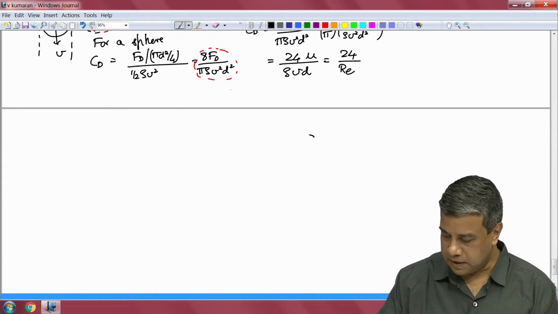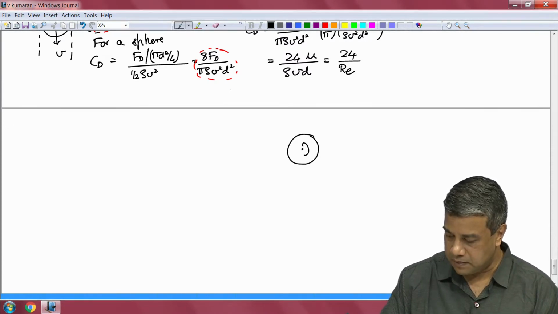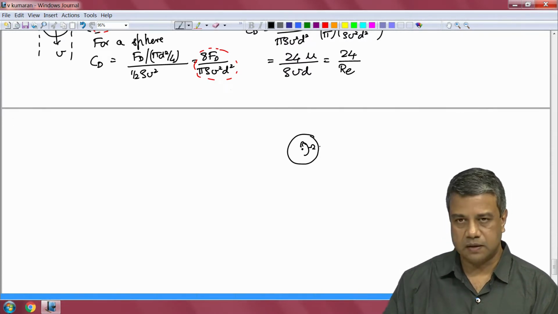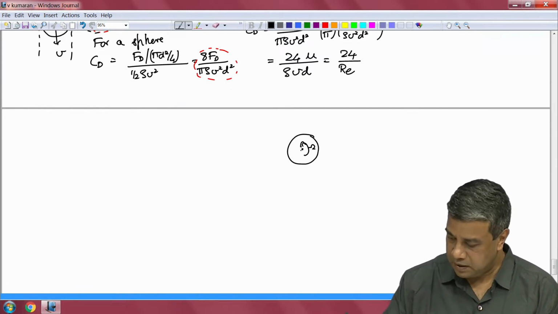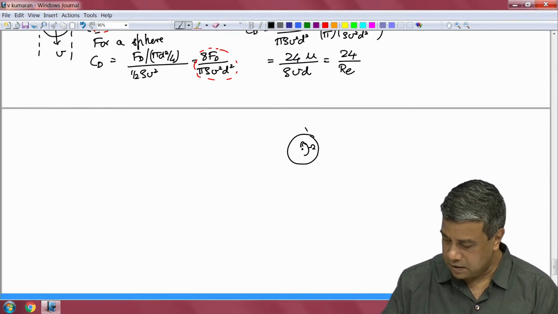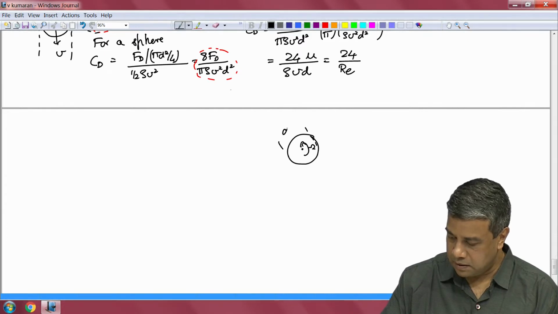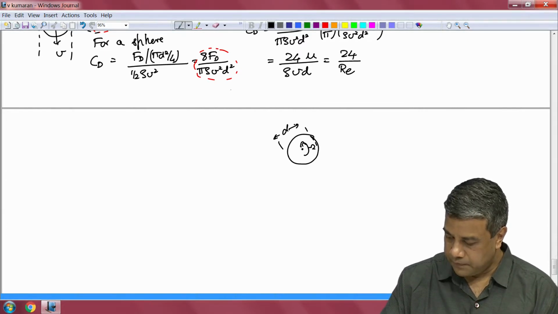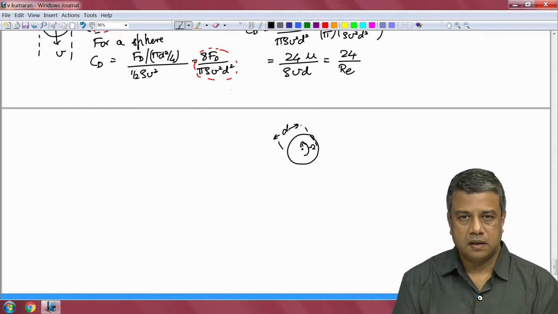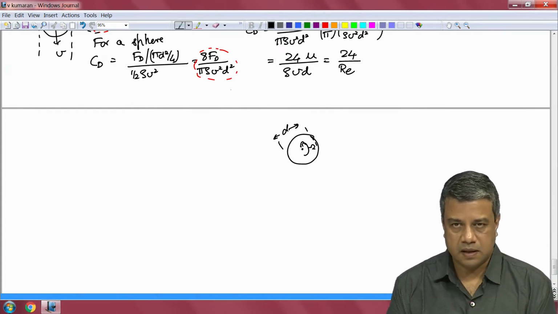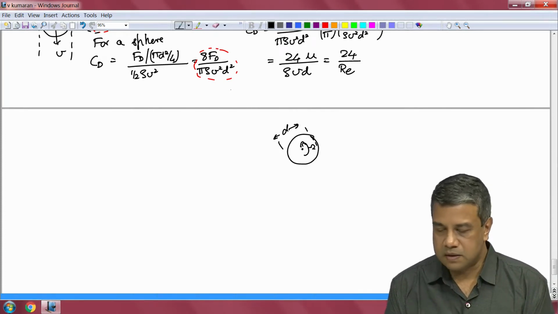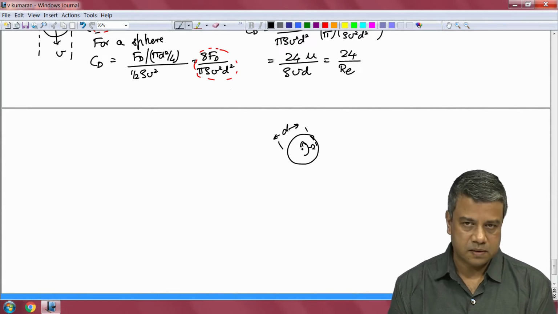If I have an object that is rotating in a fluid with angular velocity omega, and the object has diameter d, what is going to be the torque that is exerted on this object?